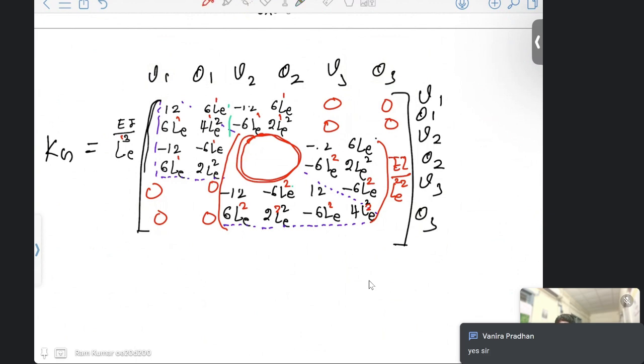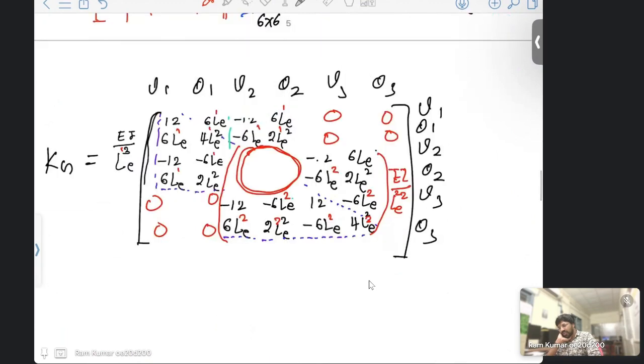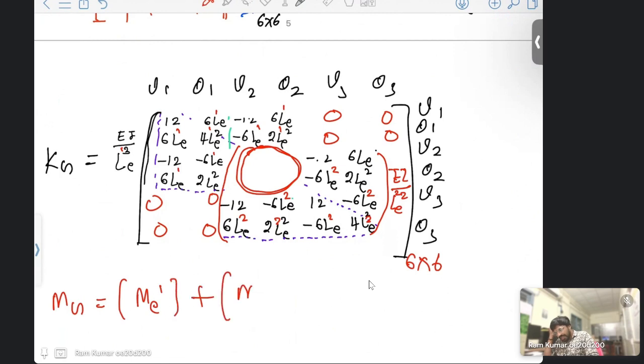Then similarly for the mass matrix. Now we completed this. This will be our 6 cross 6 stiffness matrix. Similarly, we have to find the mass matrix MG, the global mass matrix. Then what will be the elemental matrix for the first element, then the elemental matrix for the second element.